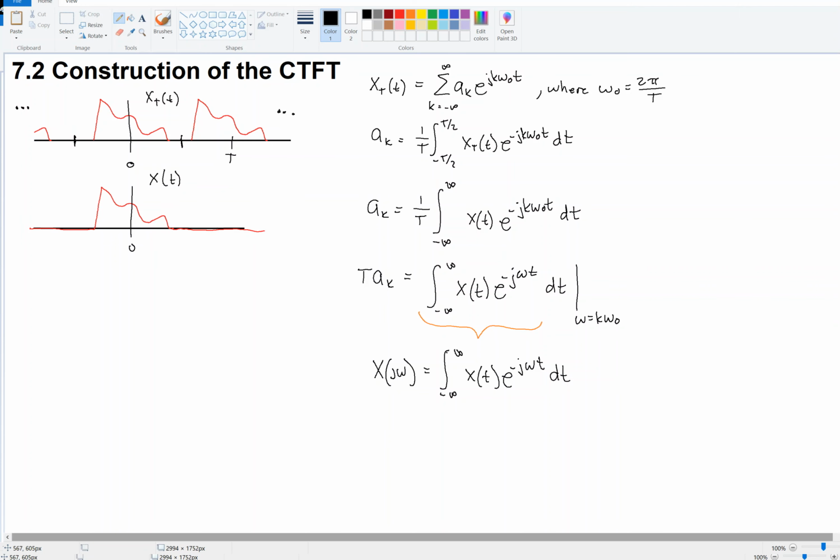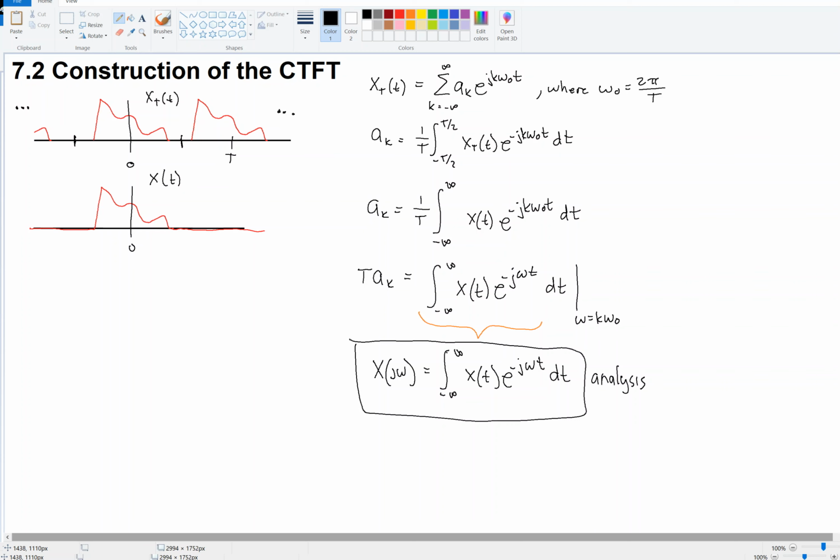So we take x of t and we compute this integral, and then we get this capital X, and again, that's the Fourier transform, and we're going to call this equation the analysis equation. We've covered many equations that are called the analysis equation, but it will be obvious which one we're referring to. This is the analysis equation. Give me x of t, I will analyze it to find out its frequency content.